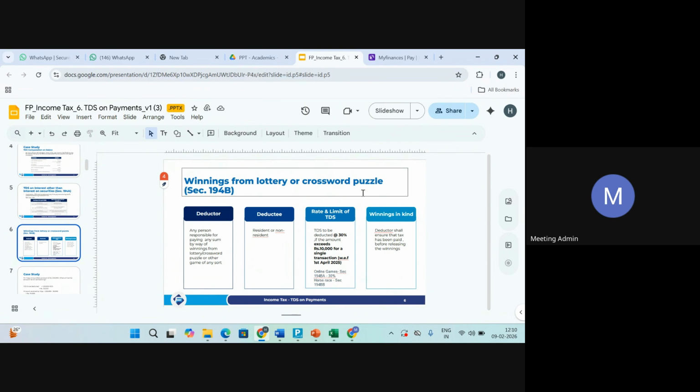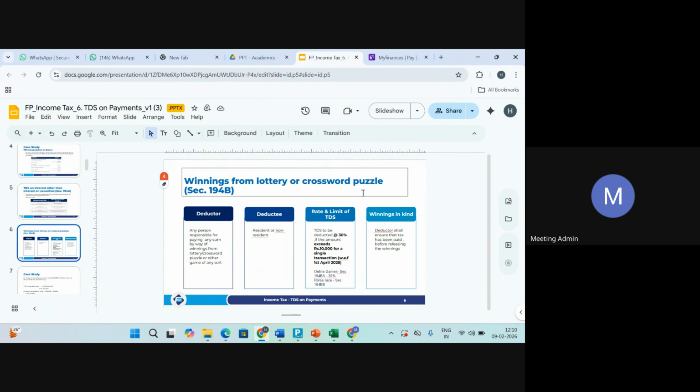Akshay will be my employee, and I will pay him a salary of 50,000. Say he got a lottery amount of 50 lakhs. Before I pay, I will deduct a certain percentage from the total amount.